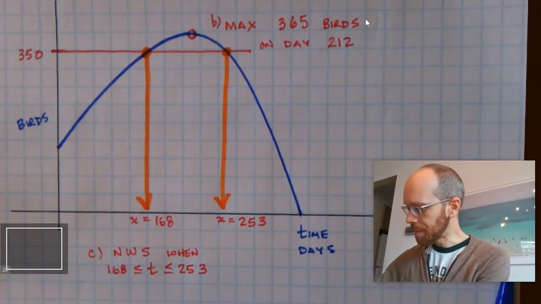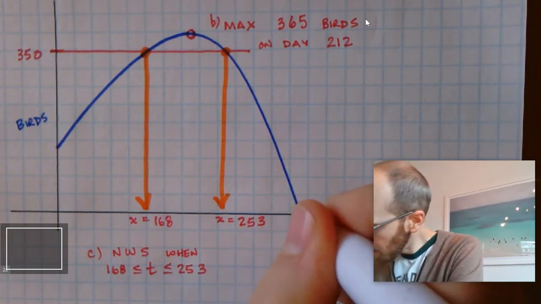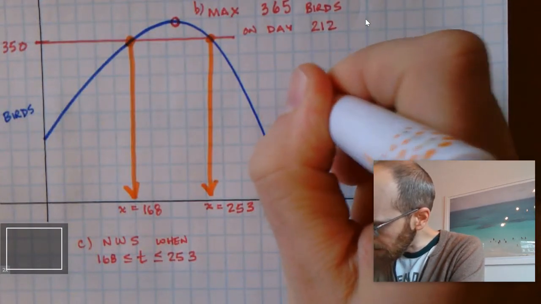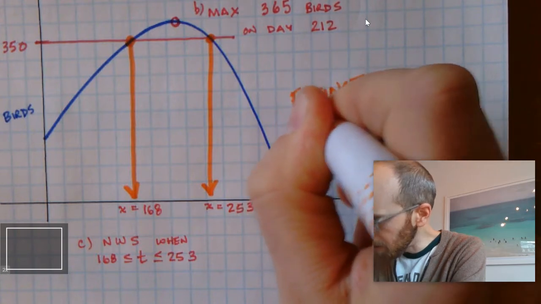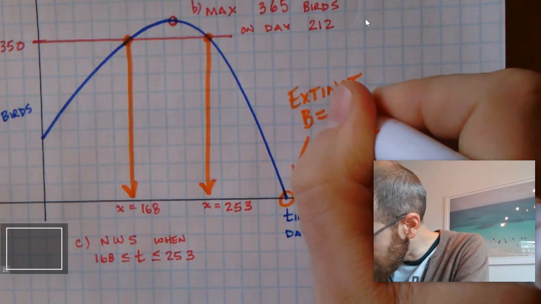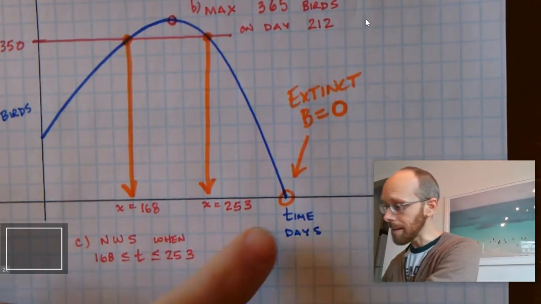The last question says, when will the bird population go extinct? And the bird population is going to be extinct when the number of birds is equal to, that's right, kiddo, 0. So we want to find the 0 at this time right here.